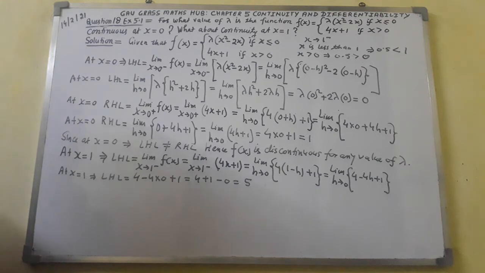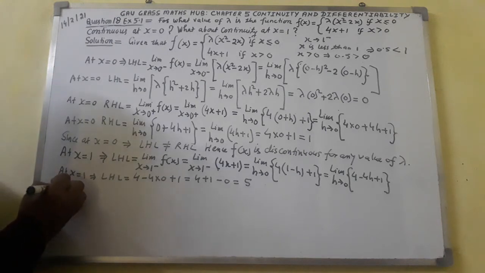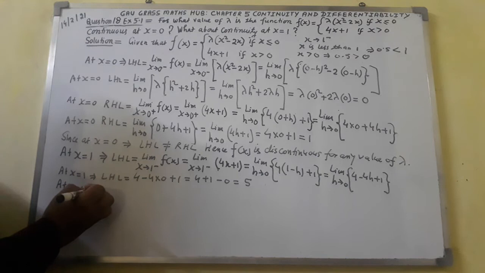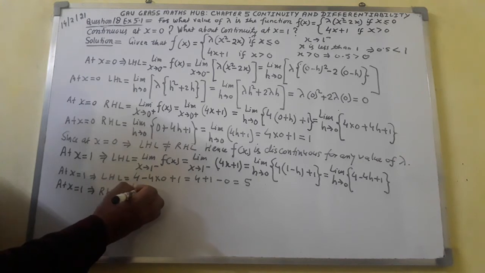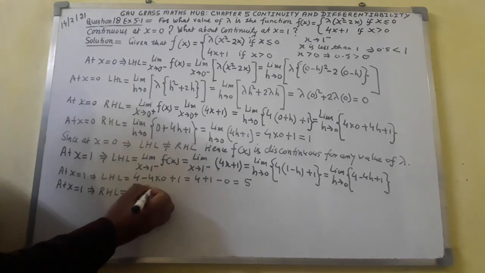And also at x equal to 1, I shall find the right hand limit. So write at x equal to 1 implies that right hand limit equal to lim x tends 1 positive of f of x.